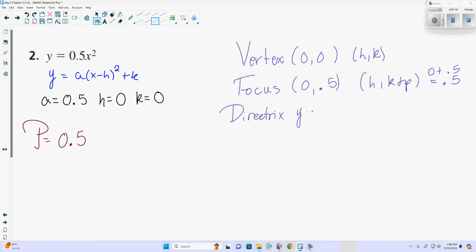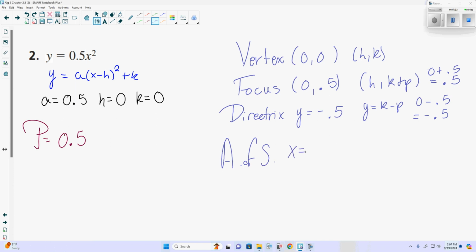Directrix. Y equals k minus p. That'd be 0 minus 0.5, which is negative 0.5. And lastly, axis of symmetry.